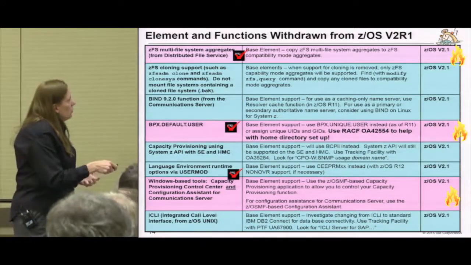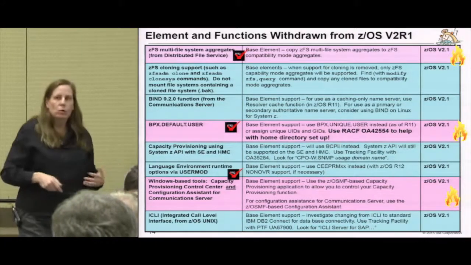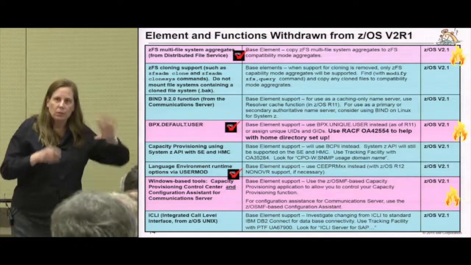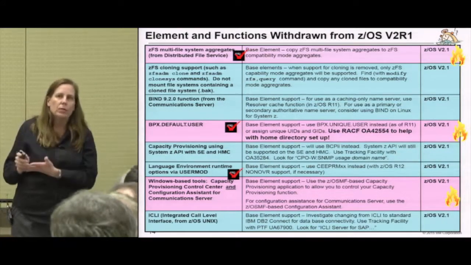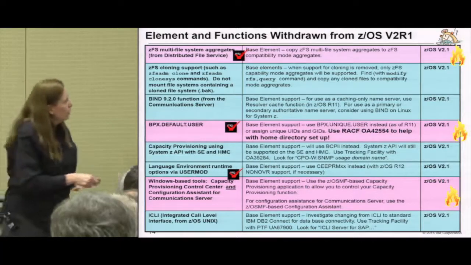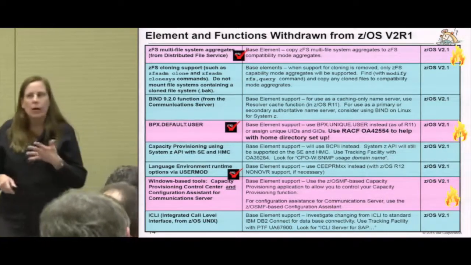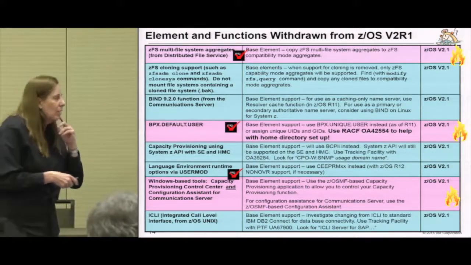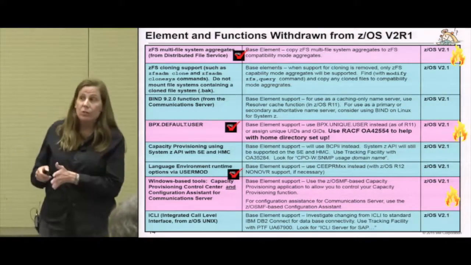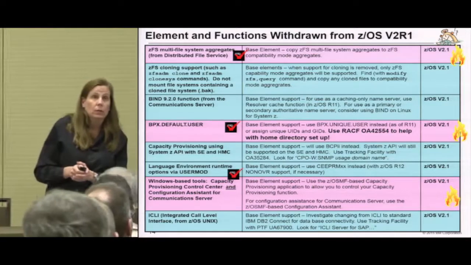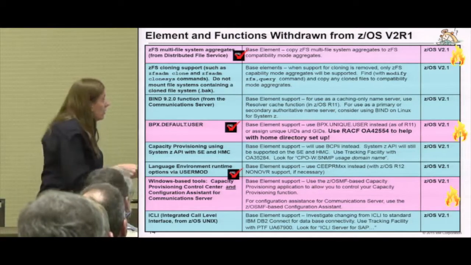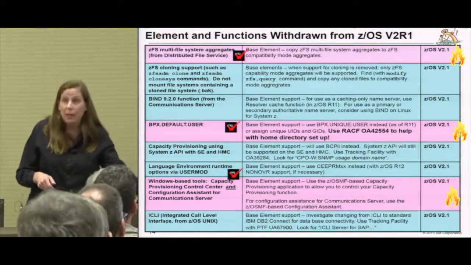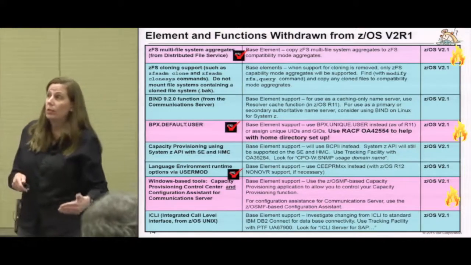What we did in z/OS 2.1 is we don't have support anymore, and there's no updates to the Windows-based tools, and you need to use it from z/OSMF. So I put a fire here just to make sure that if you have a dependency on using these tools on Windows and you want to continue to use the latest level of the tools, you've got to move to z/OSMF in 2.1. Okay, so that's why I put the fire there, because you have a new functional dependency that you need to satisfy in 2.1.